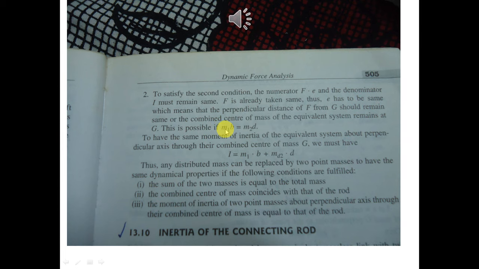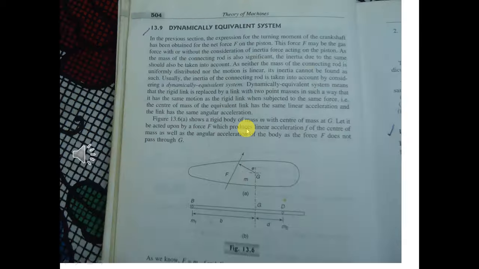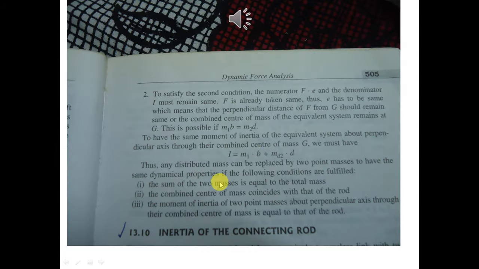This is possible only if m1 b is equal to m2 d. So this is b from the center of mass G, and this is d from the center of mass G, of m1 and m2. The product of m1 into b must be equal to the product of m2 into d. So this is one more condition.